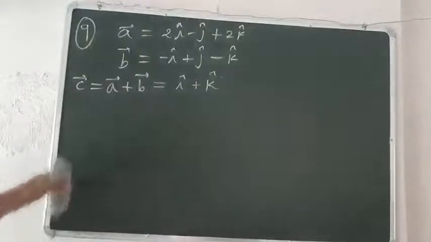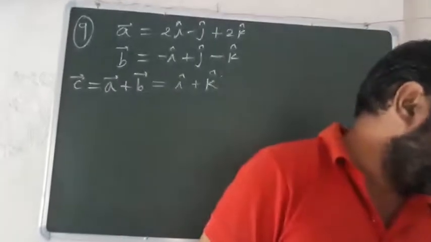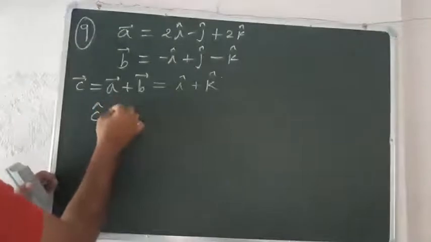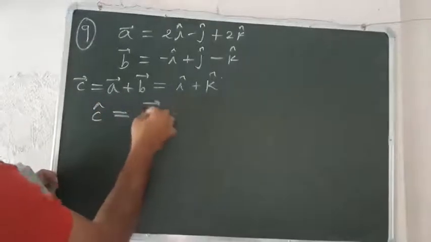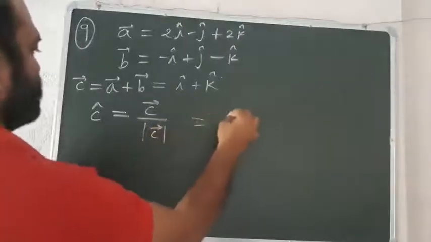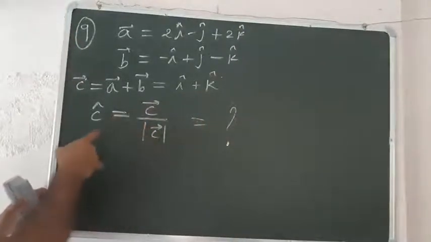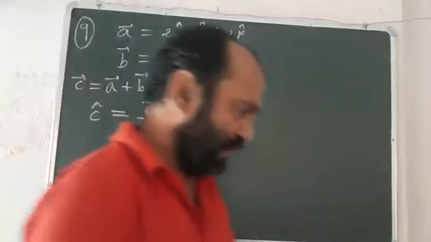When we add these two vectors, we will get this i cap plus k cap. Okay. Now you have to find the unit vector in the direction of, means you have to find c cap, that is c vector over its magnitude. You can solve it yourself. Vector upon its magnitude is the unit vector, right?